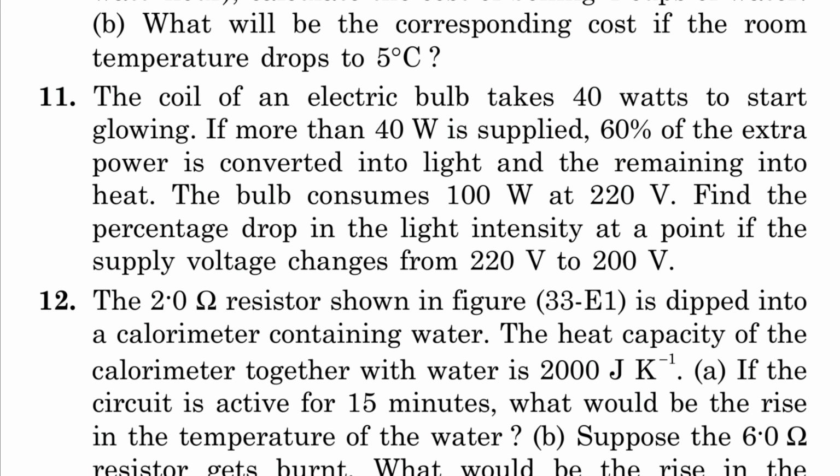In question 11, coil of electric bulb takes 40 watts to start glowing. If more than 40 watt is applied, 60% of the extra power is converted into light and remaining into heat. Bulb consumes 100 watt at 220 volt. So we need to find percentage drop in the light intensity if supply voltage changes from 220 to 200 volt.